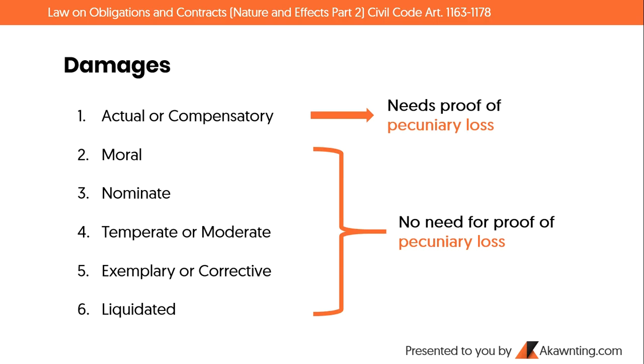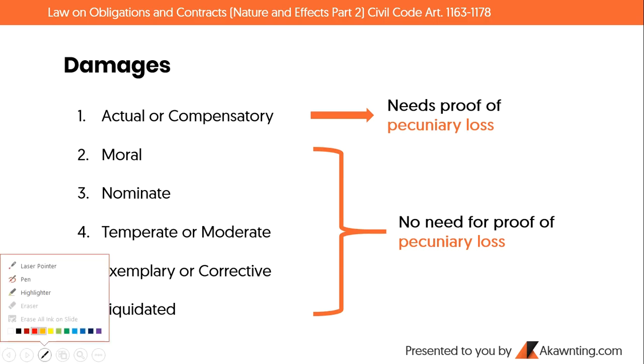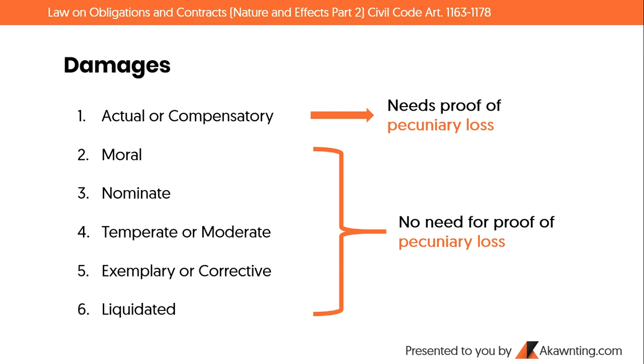So, when we say pecuniary loss, this is loss in terms of money, okay, monetary amount or monetary value. So, there's a need for proof of loss talaga. So, kung wala kang maipakitang proof, hindi pwedeng awardan ng court ng tinatawag nating actual or compensatory damages.